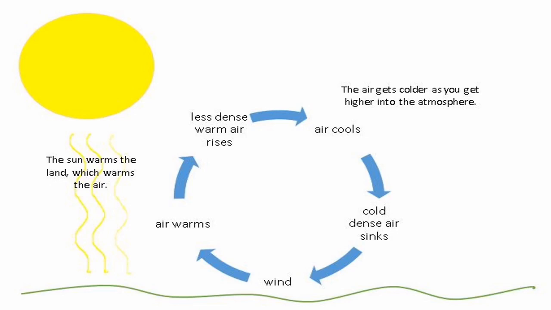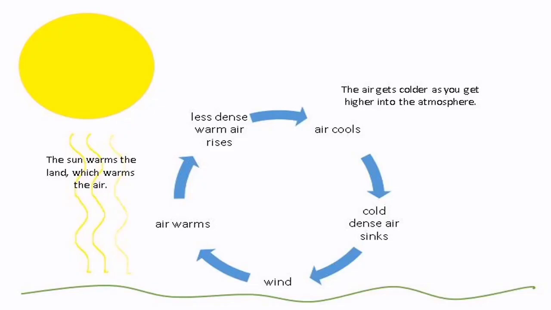Air moves from the regions of high air pressure to the regions of low air pressure. The greater the difference in air pressure, the faster the air moves. Thus, wind currents are generated due to unequal heating of the earth.